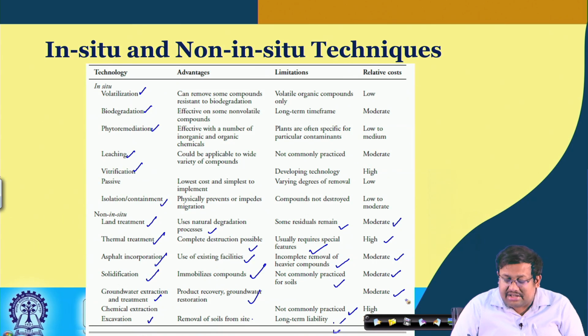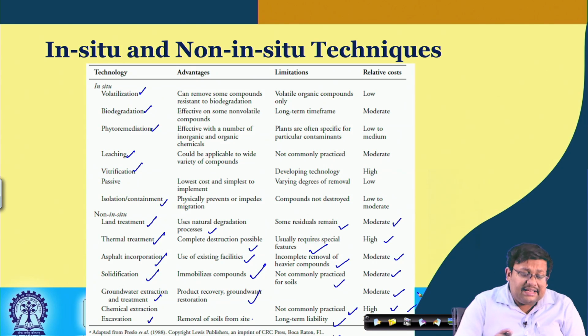Chemical extraction and excavation have high cost involvement. In case of passive decontamination, the limitation is that the compounds are not destroyed, because it is only a containment process, and the advantage is that it physically prevents or impedes the migration. The relative cost is low to moderate.